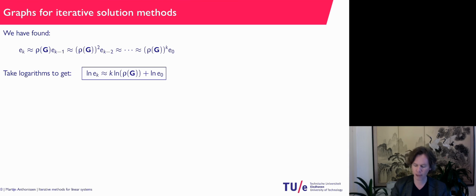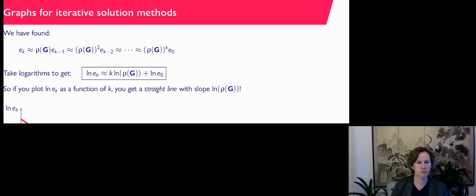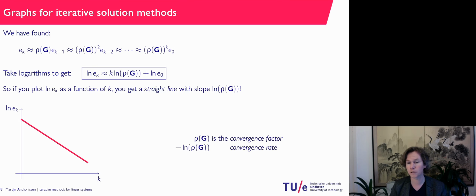And if you would now make a plot where you put ln e_k on the vertical axis as a function of k, you would get a straight line, because this equation in the box is a straight line where the ln of the spectral radius is the slope, and this here is the y-intercept.